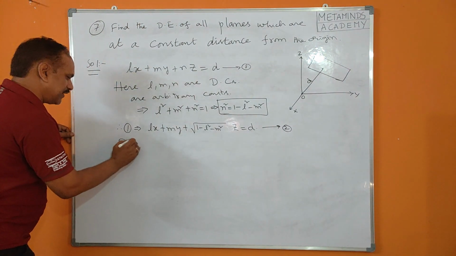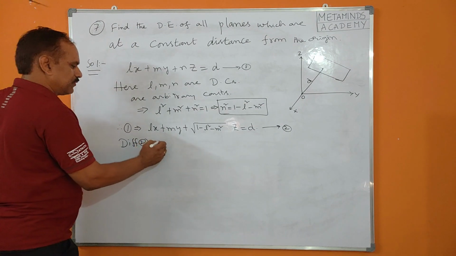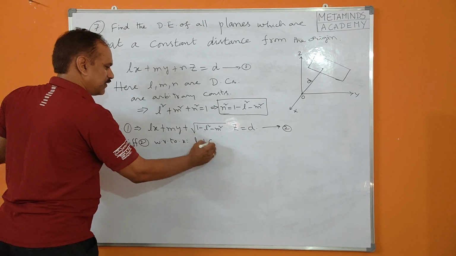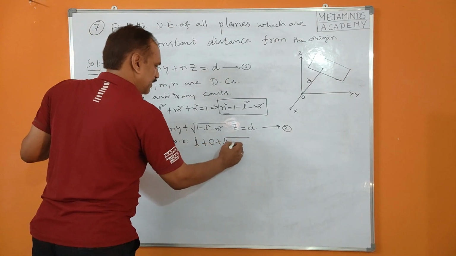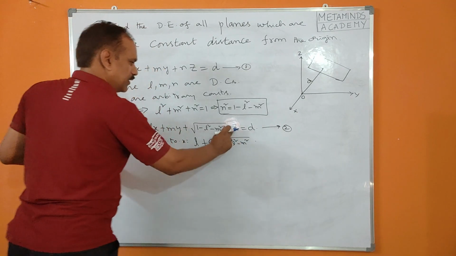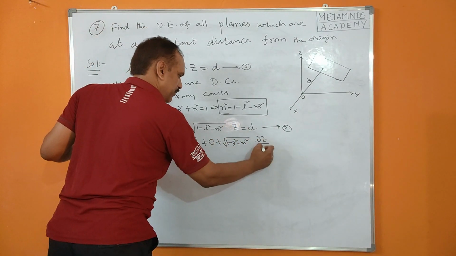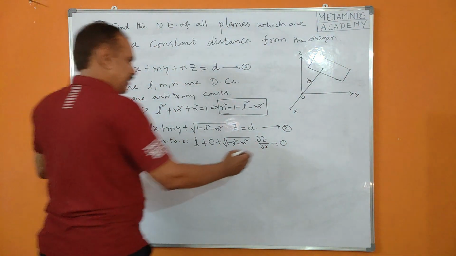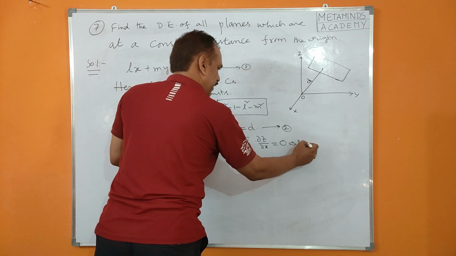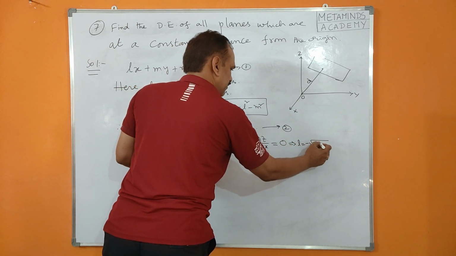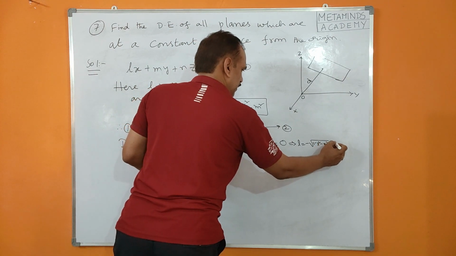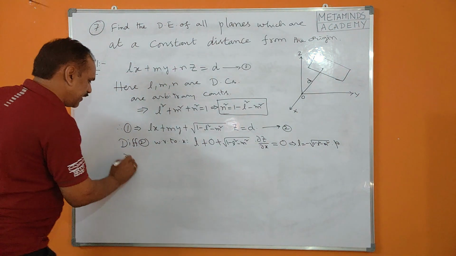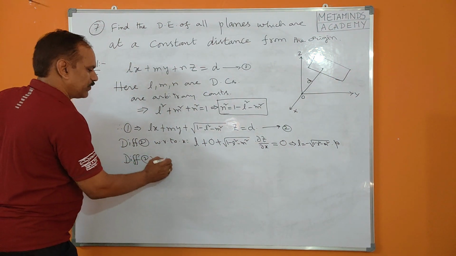Now differentiate this equation with respect to x. What you will get? L plus 0 plus root over 1 minus L square minus M square into the derivative of z with respect to x, which is dou z by dou x. Because D is a constant, its derivative is 0. So we got L equal to minus root 1 minus L square minus M square into P. Similarly, differentiate equation 2 with respect to y.